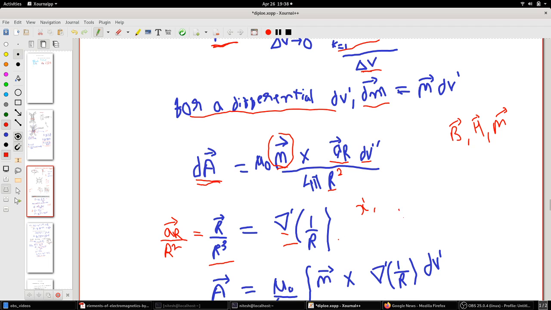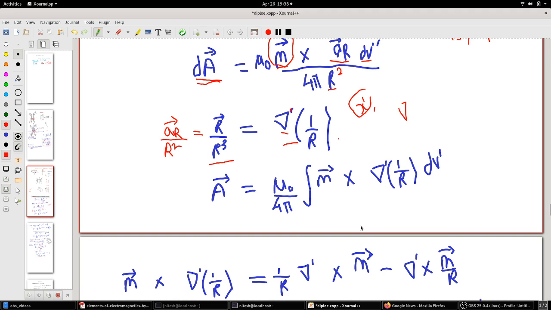Del prime is just using the variables x prime, y prime, z prime instead of x, y, z. That's why I have created del prime here. So now A equals mu 0 by 4 pi, the magnetization cross product with del prime of 1 by r, dV prime.